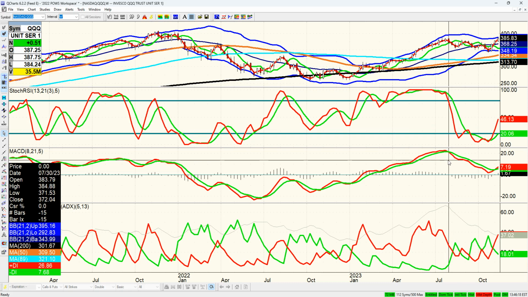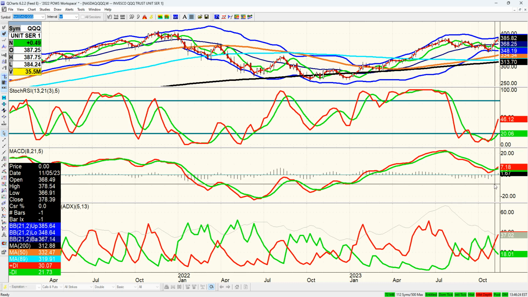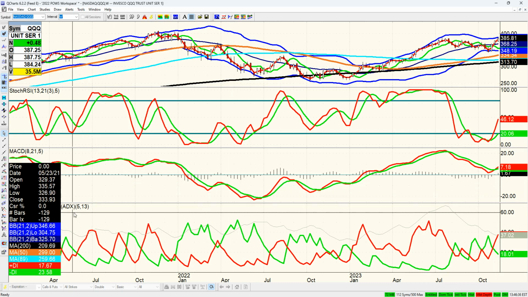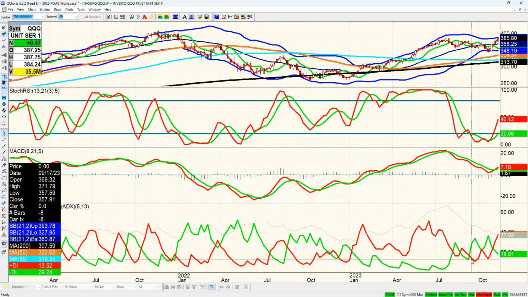MACD is a moving average of moving averages. And like I said, this has to be one of the three indicators that crosses. ADX is the directional index, and I don't have a detailed explanation.